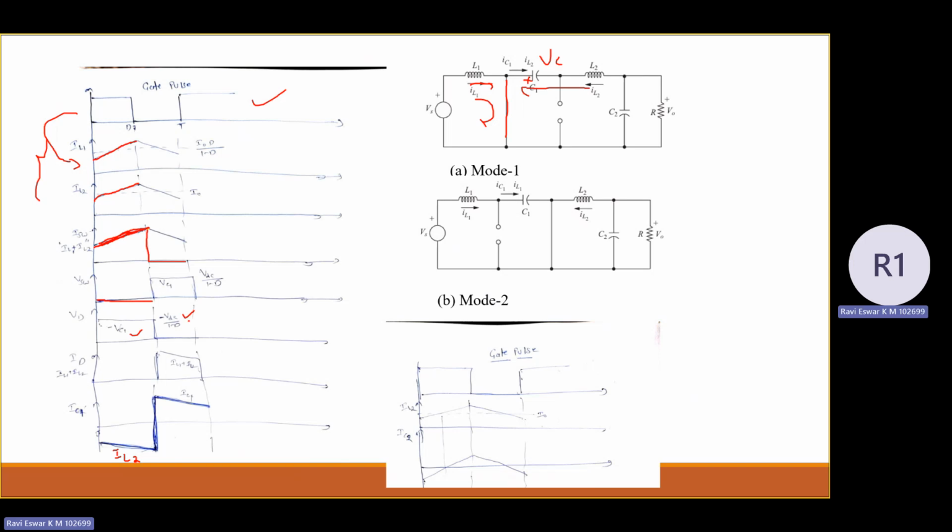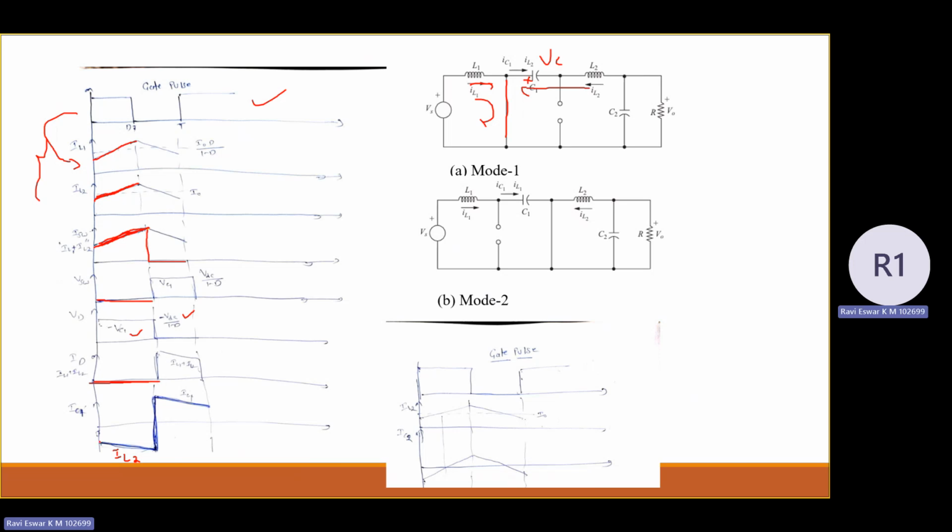Similarly, what is the current through the diode? In this mode 1 case, as the diode is in off state, there is no current flowing in the diode. And what is the current flowing in the capacitor C1? It follows the inductor current IL2, which is in rising state. Already we mentioned that discharging of the capacitor is seen in mode 1, so I can mention the discharging as negative polarity.